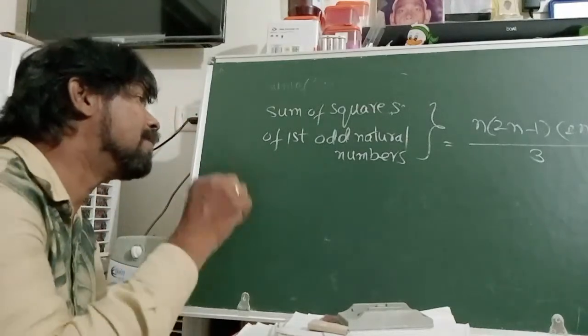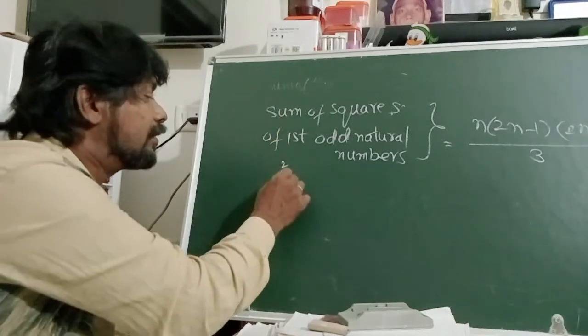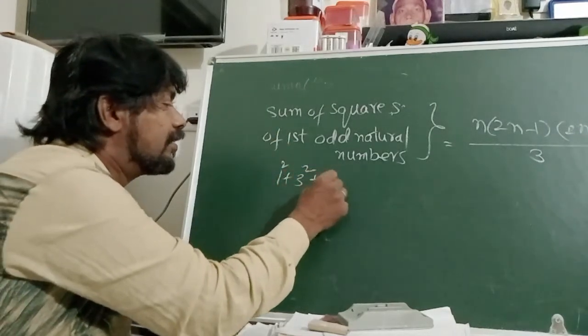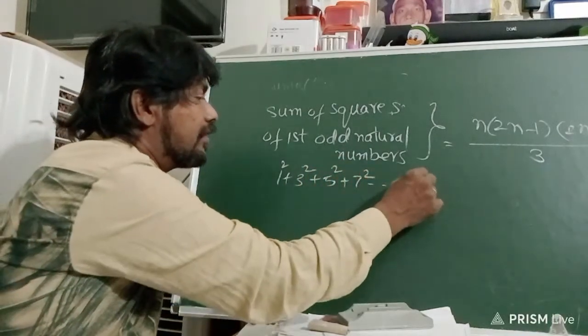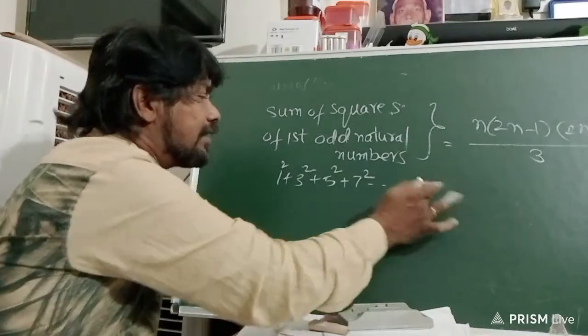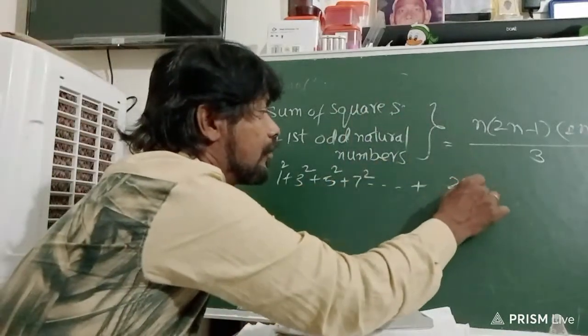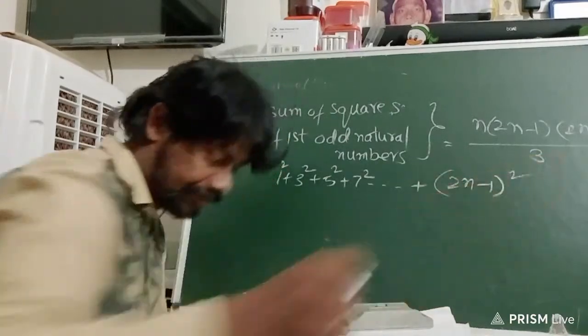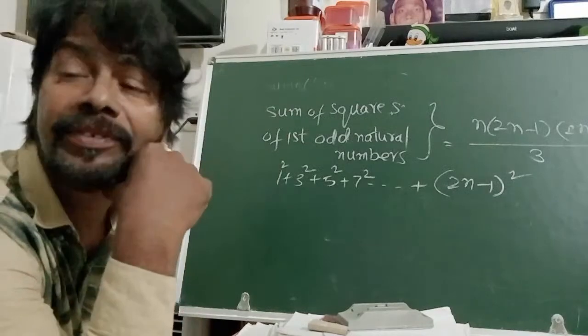We may forget it, so we must remember it. That is, 1 square, 3 square, 5 square, 7 square. So what will the last number be? That is 2n minus 1 whole square. The last number is 2n minus 1.